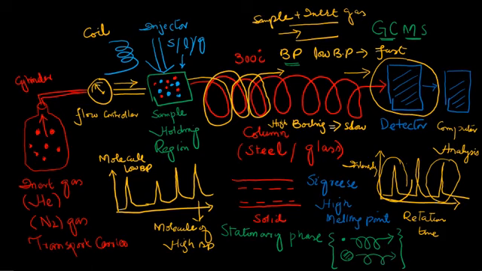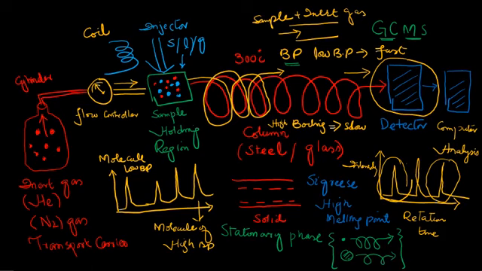Gas chromatography usually works on the principle of boiling point. Different molecules have different boiling points, and on the basis of that we get information. However, apart from boiling point, gas chromatography may work on the basis of atomic weight of the molecules, in case the molecules have the same boiling point. In such cases, a molecule with a higher atomic weight will move slowly, whereas a molecule with a low atomic weight will move faster.